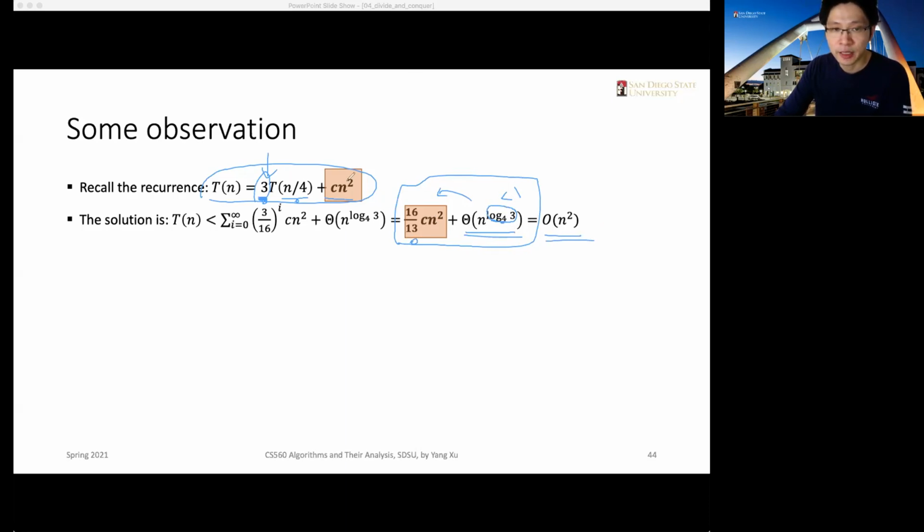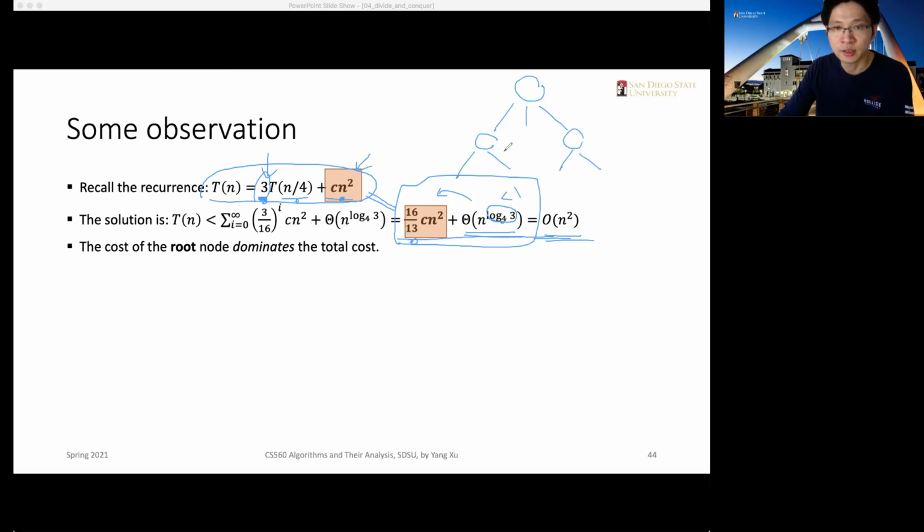Okay, so I highlighted these two parts, right? They are basically the same order. This may give us a heuristic that it looks like the cost c n squared dominates the total cost. Because c n squared is the quantity you put in the root node when you draw a tree.